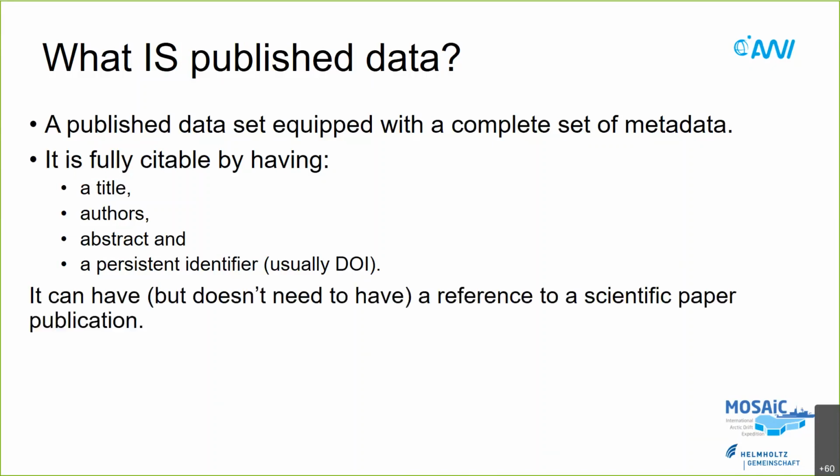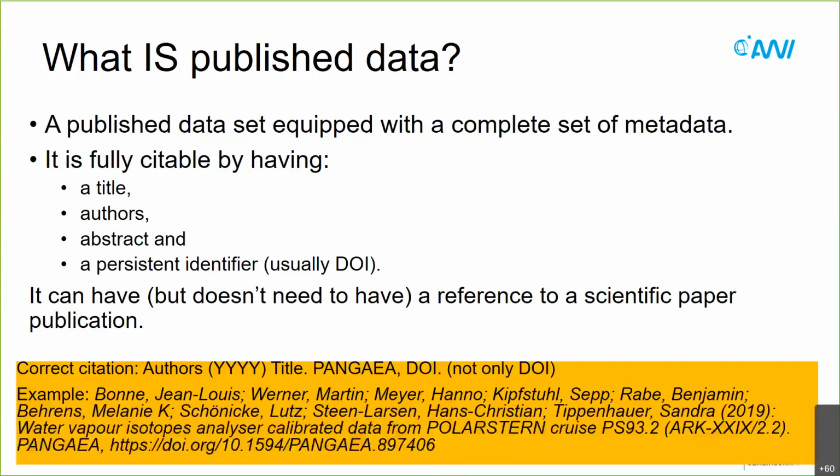And it can have a link to a published scientific publication. The data sets are citable just like normal journals, so in the reference list with authors, year, and a title. And then comes the repository name and digital object identifier. So the reference is pretty much the same as with scientific papers.